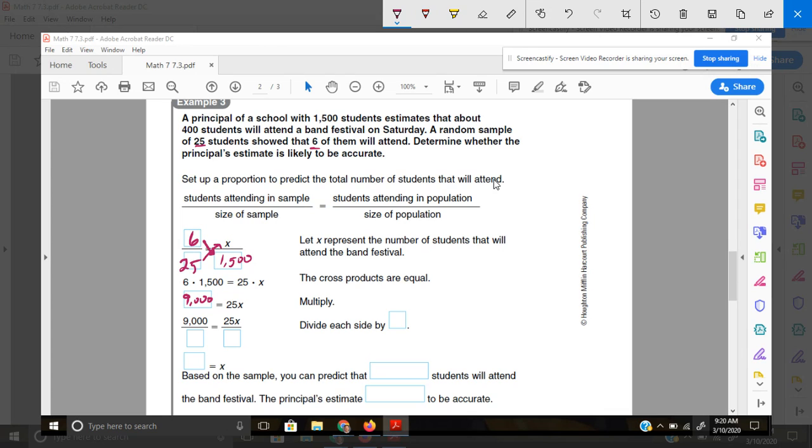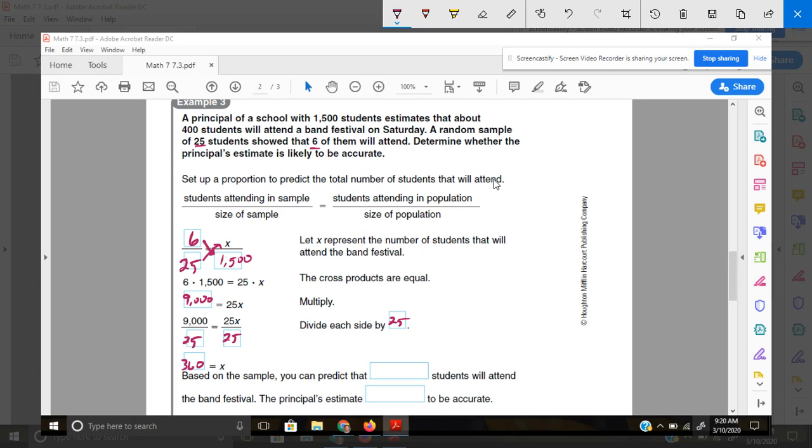And then lastly, X is being multiplied by 25 on each side. To undo that, we would divide by 25 on each side. 9,000 divided by 25 gives us 360.